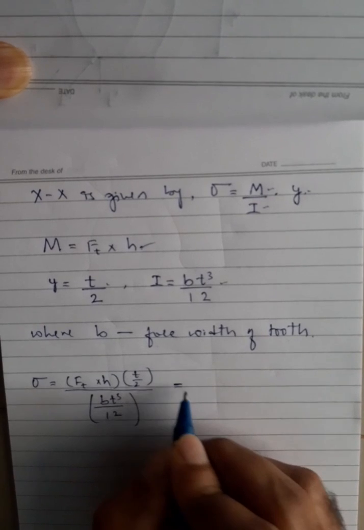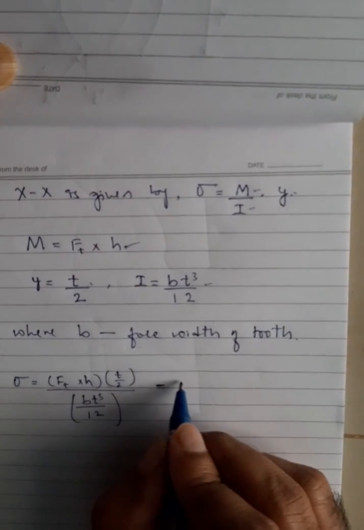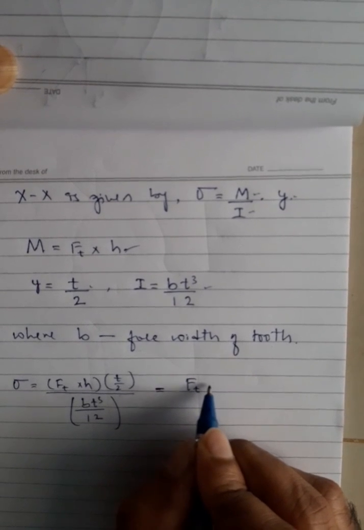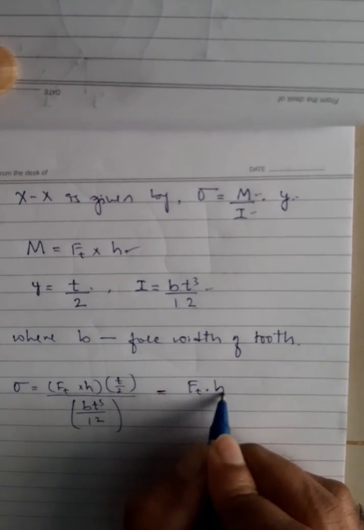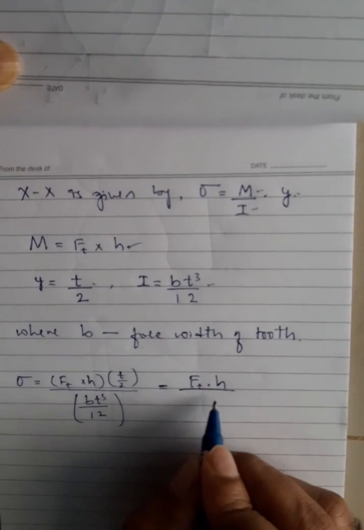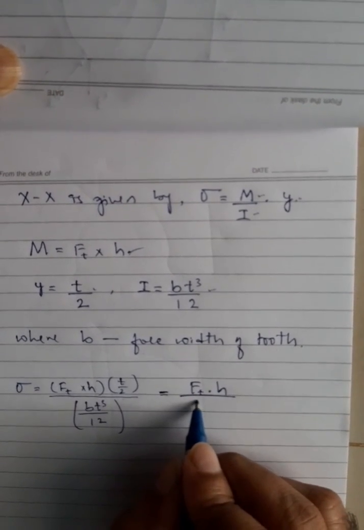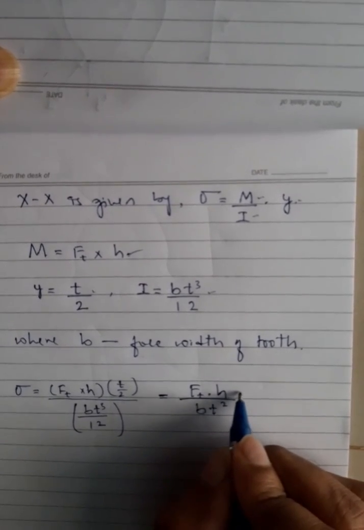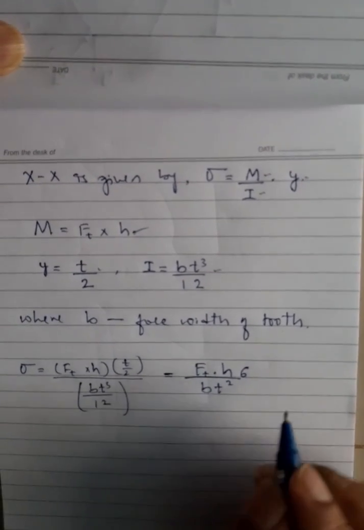On further simplification of this equation, we can write sigma equals Ft into h divided by b t squared by 6.